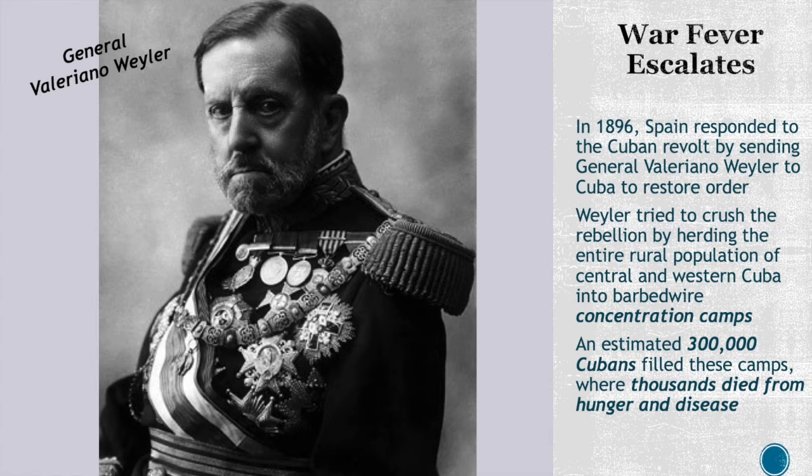So this is going to be one of the first times you're going to see concentration camps. There was an estimate of 300,000 Cubans who filled these camps where thousands died from hunger and disease. Not a good idea by Spain to send this guy in.